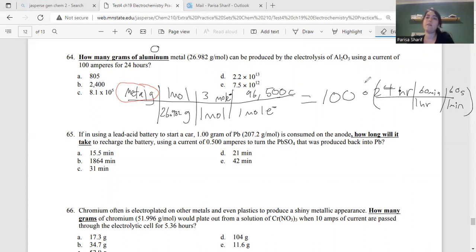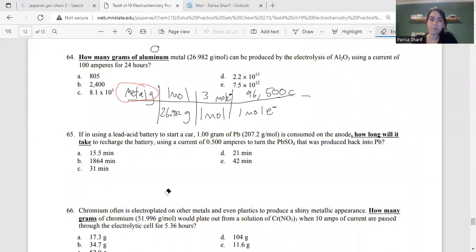So I'm going to solve for this side first, see what we get. Got a big number, let's just put it down. 8,640,000. Cool. Here's our number. And now we just have to solve for this side like an algebraic problem and isolate.